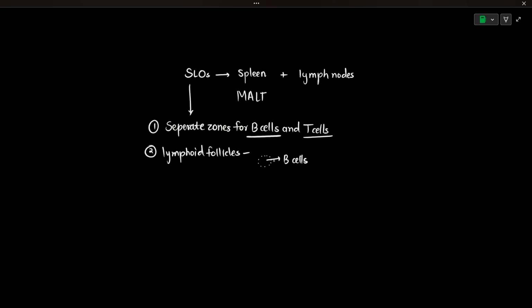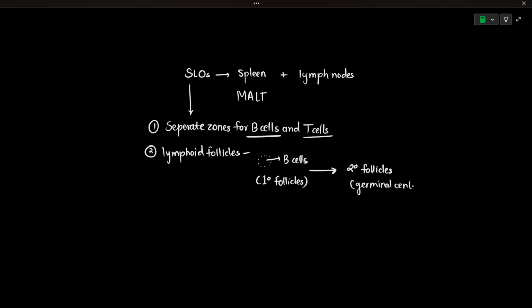So these lymphoid follicles are B cell rich. When they are B cell rich, they are referred to as primary follicles. And once the B cells interact with the antigen, get activated and mature to form plasma cells, which are going to secrete the antibody, they are referred to as secondary follicles. Secondary follicles are the ones where the germinal centers will be present.